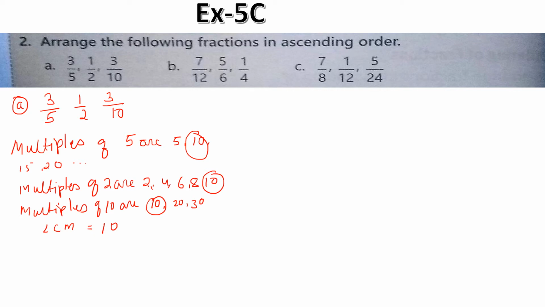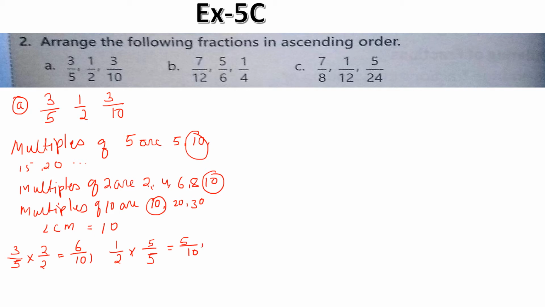So 3 by 5 multiplied by what is equal to 10? We have to make the denominator 10, so 2 times 3 is 6. Now 1 by 2 multiplied by what is 10? 2 times 5 is 10, so 5 times 1 is 5.